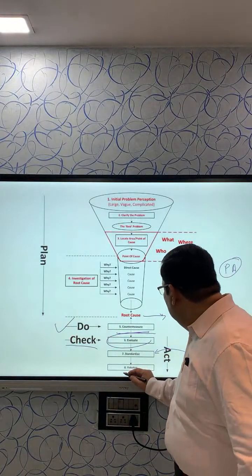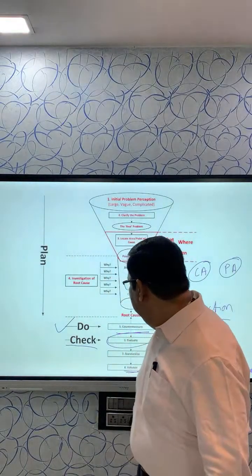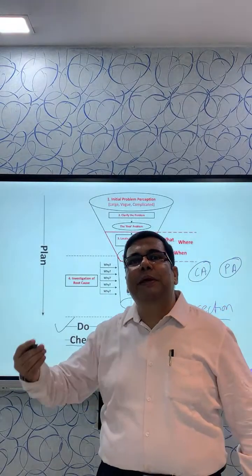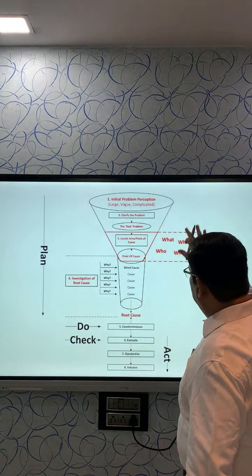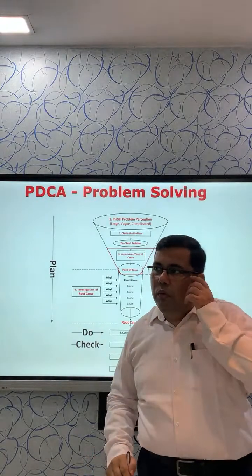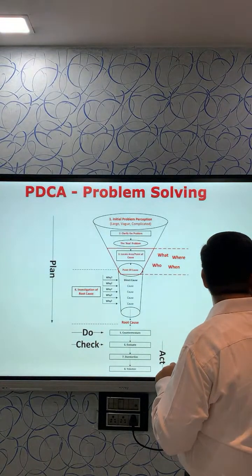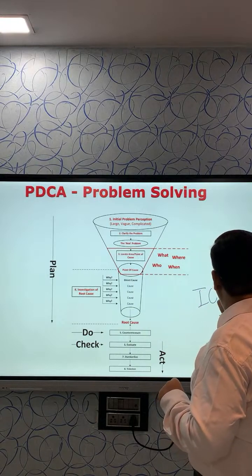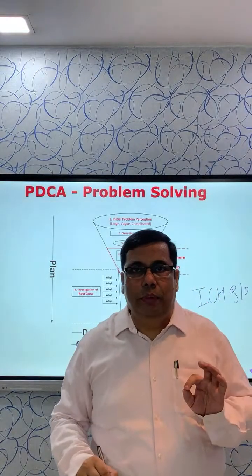And then Yokoten. This is again missing in most of the companies. Yokoten means sharing the best practices. Now, why am I discussing this? Because as per ICH Q10, it is a requirement, that is continuous improvement.